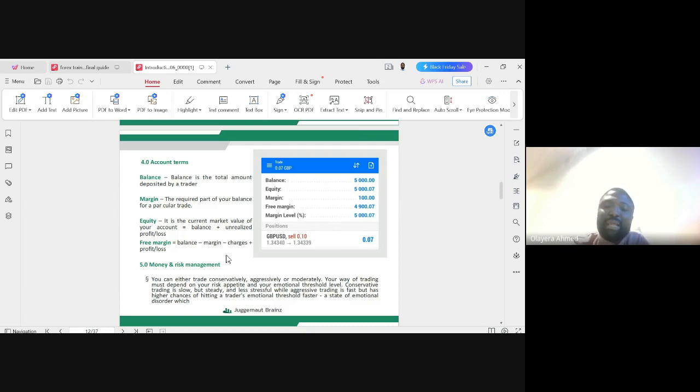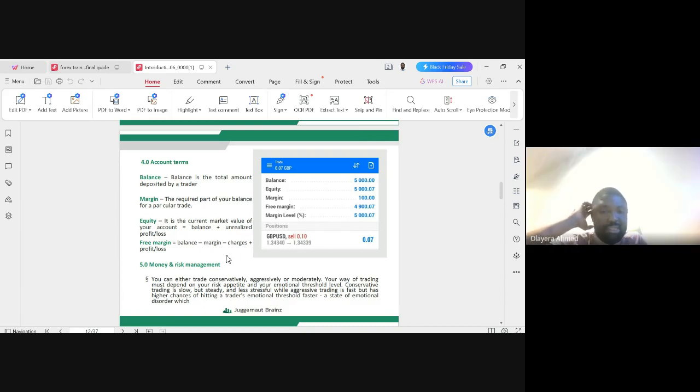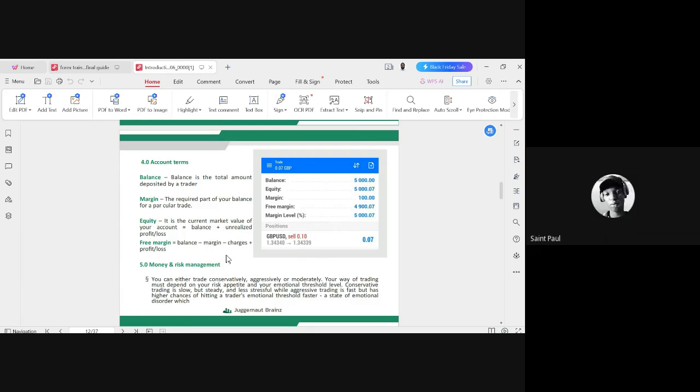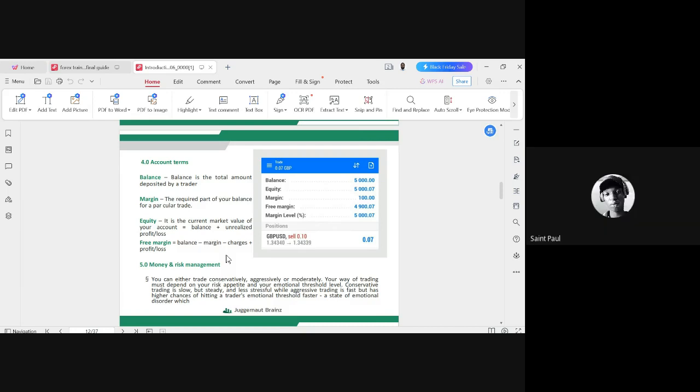The charges are like the commission of the broker and the spread that you pay. So that will also be deducted from your account. Free margin is your balance minus margin minus charges because you're already in the trade, then plus whatever profit or loss that you have recorded in the trade. Everything put together is your free margin.